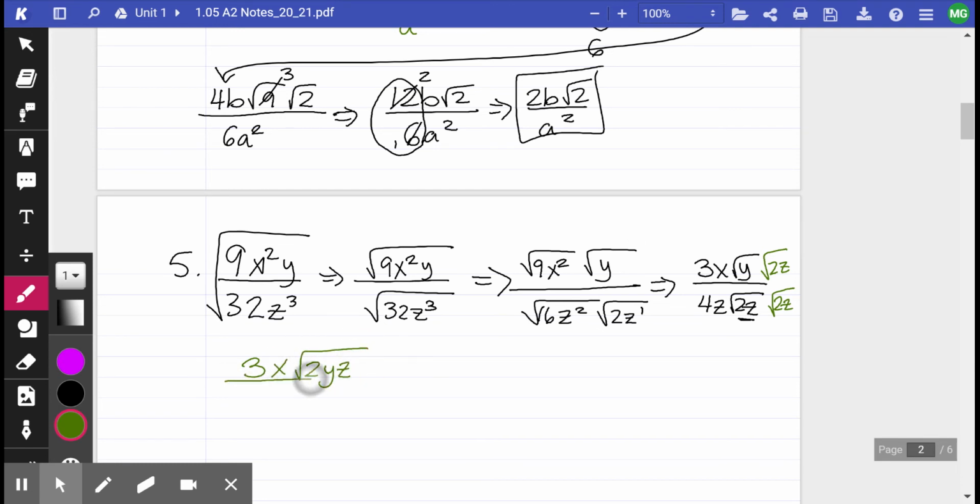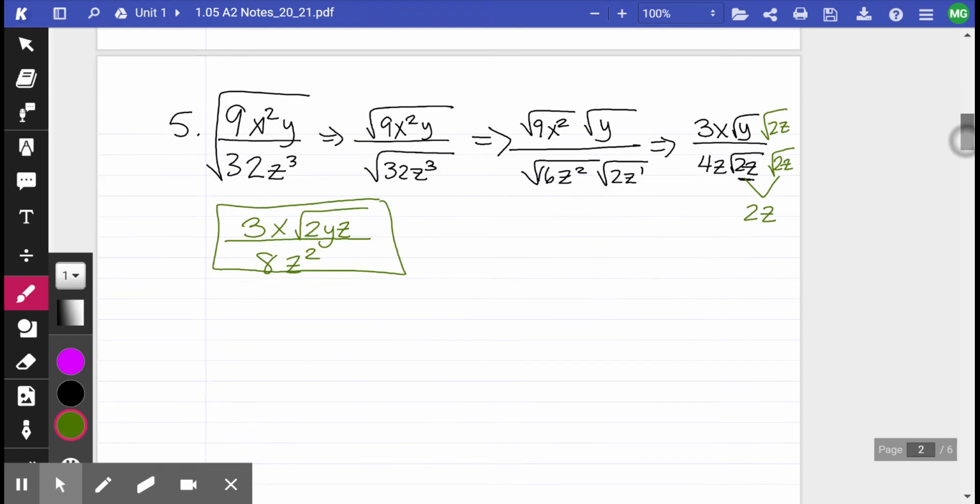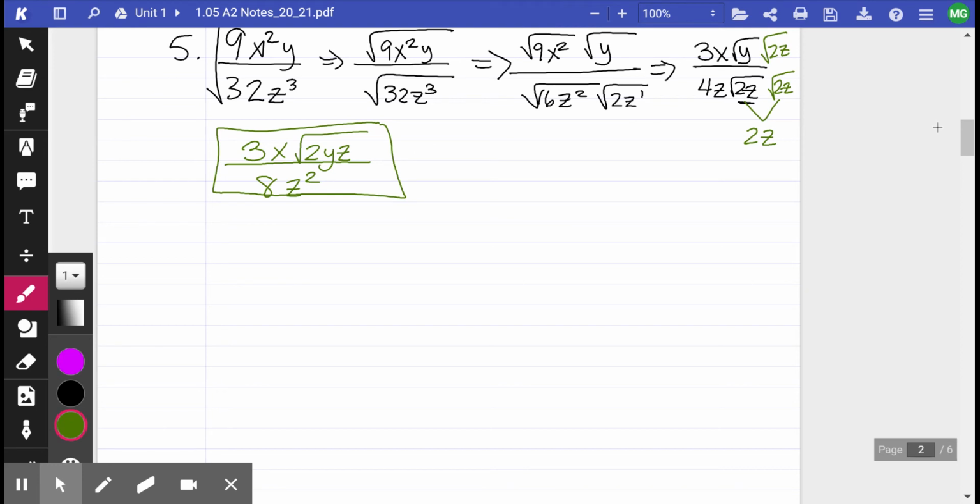So when they're both under the radical and you're multiplying, you can just multiply everything together under the same radical. Rad 2z times rad 2z is just 2z. So I have 4 times 2 is 8, and z times z is z squared. And I can't reduce the 3 and the 8, or the x and the z squared, and my rad 2yz is in simplest radical form already.